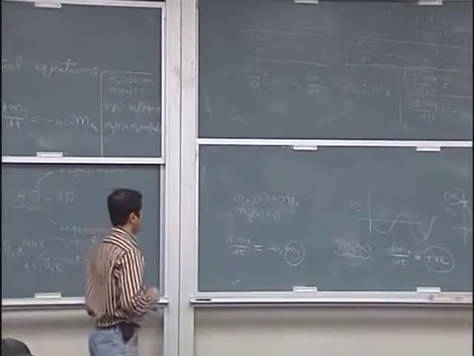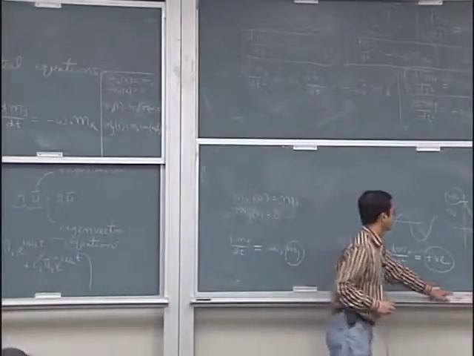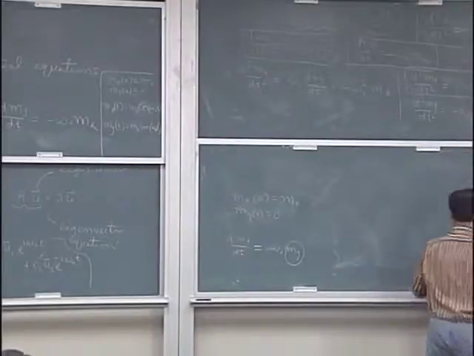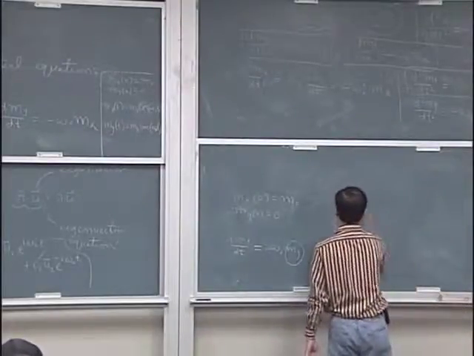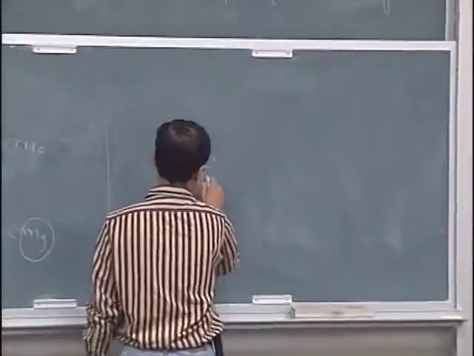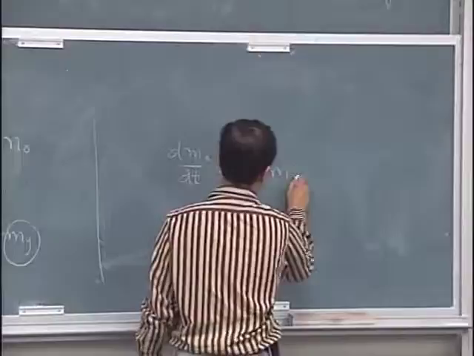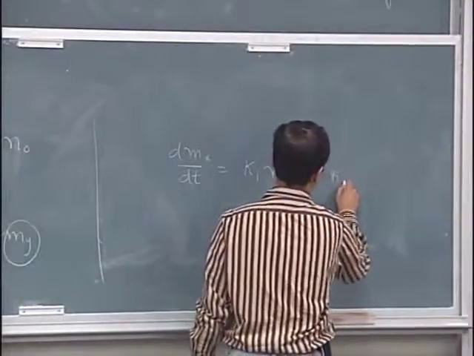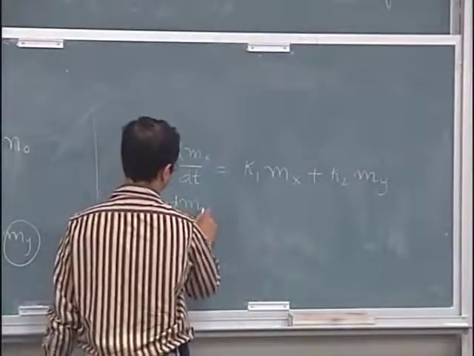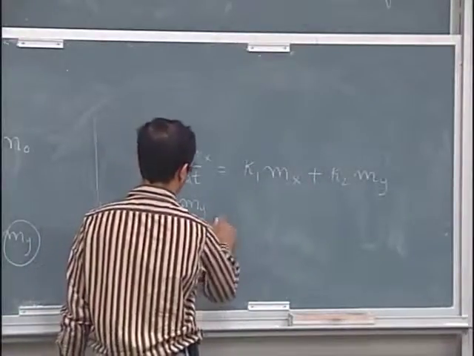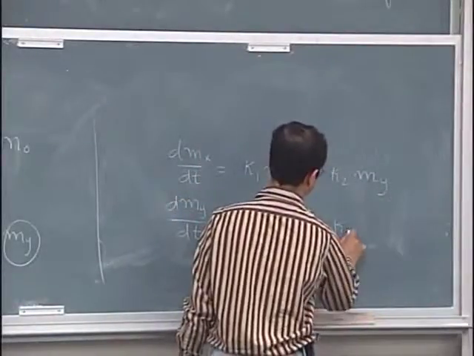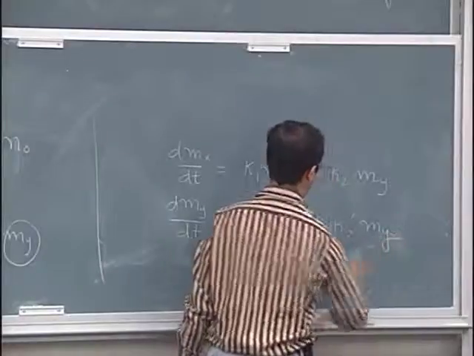Suppose I give you, instead of those two equations, suppose I give you dmx dt equals k1 mx plus k2 my and dmy dt equals k1 prime mx plus k2 prime my.